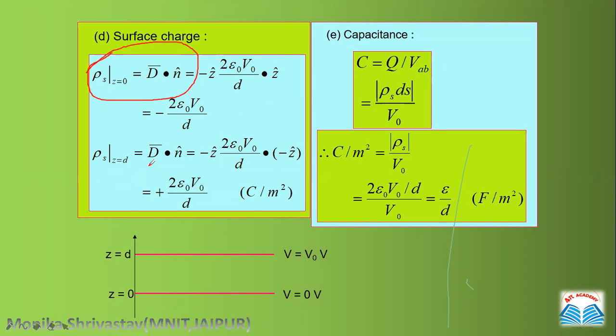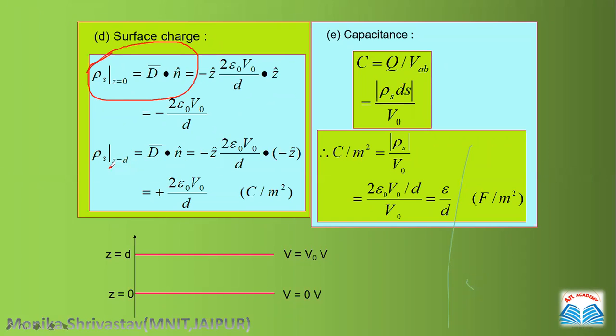And at z equal to d, if we are considering z equal to 0 as our origin or as the starting point, then z equal to d we will always consider in the opposite direction.